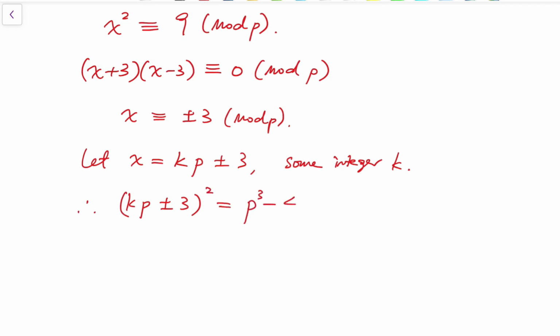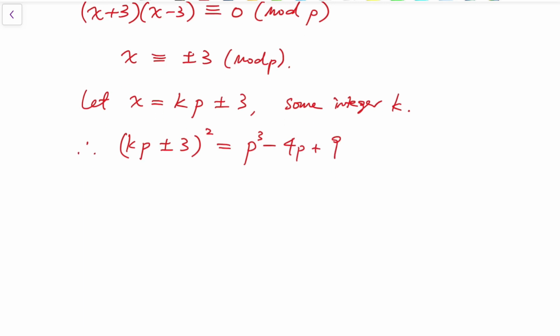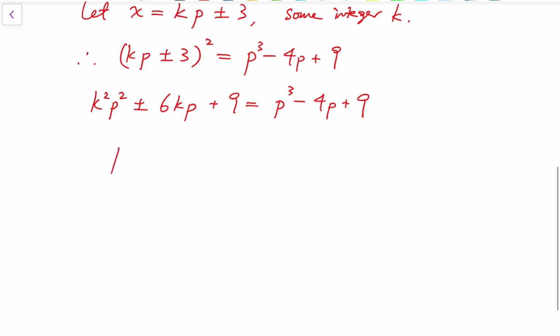Then I can put this back into the equation above and say that (kp plus or minus 3) all squared is equal to p cubed minus 4p plus 9. And also we can expand the left side, and we have k squared p squared plus or minus 6kp plus 9 is equal to p cubed minus 4p plus 9.